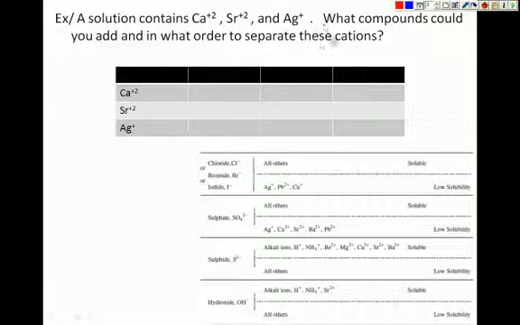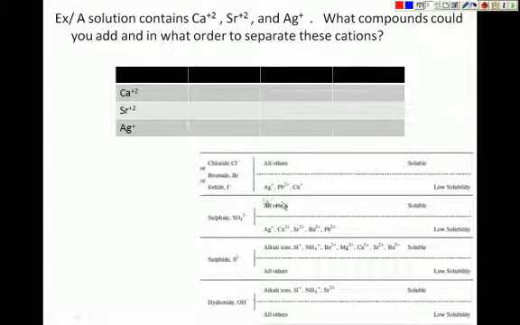And the question asks, what compounds can we add, and in what order to separate these cations here? So we have calcium, strontium, and silver. So let's find an anion that will only remove one of these things here. So let's go through it right here.